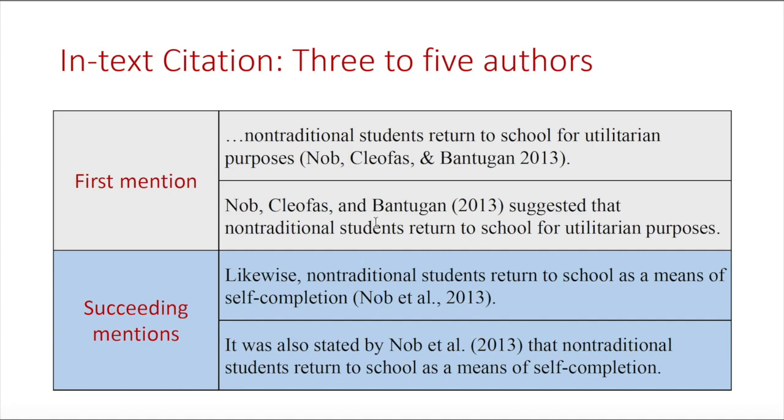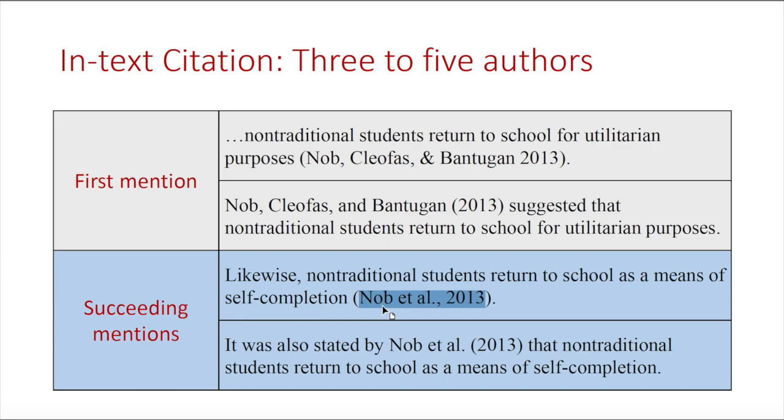Oftentimes students use this kind of citation even if it's the first mention, probably because they're simply citing authors based on how the citation appears in the literature review that they are reading.